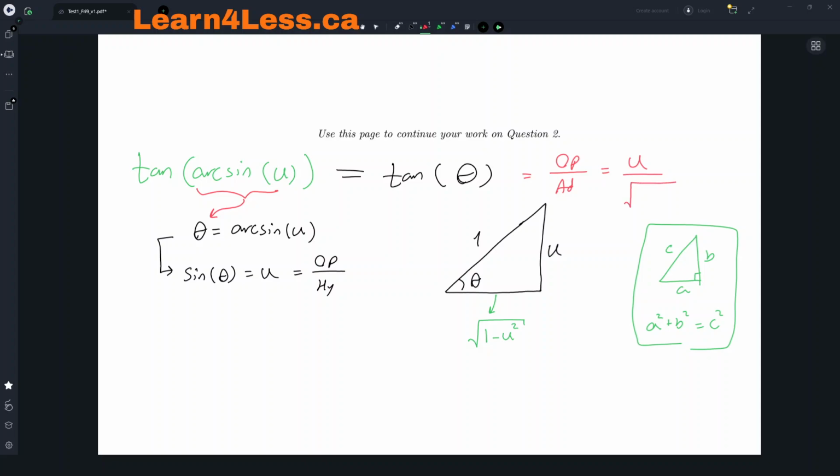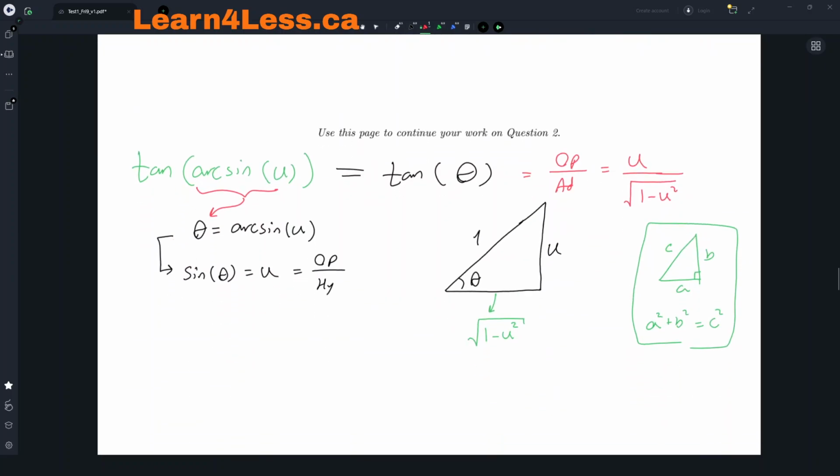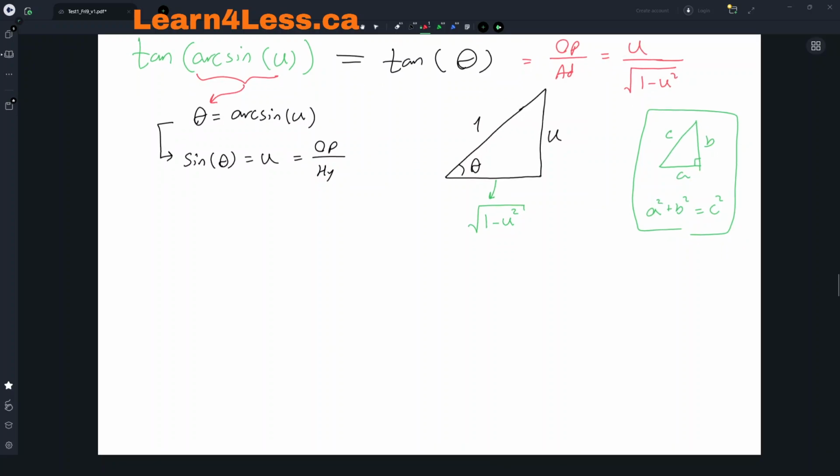So tan of arc sine of u plus c can be replaced by this. We can say that the initial integral is equal to u over square root of 1 minus u squared plus c.